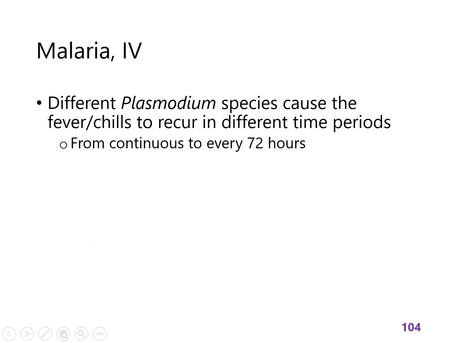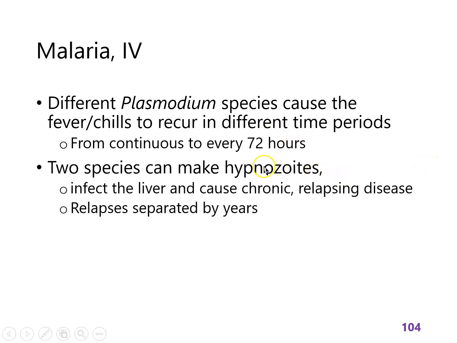Different species cause the fever and chills to recur in different intervals. Falciparum causes a fever that never really goes away, but others cause a 72-hour cycle, and two species make a strange form that causes chronic liver infection, and they will get a relapsing disease every few years.